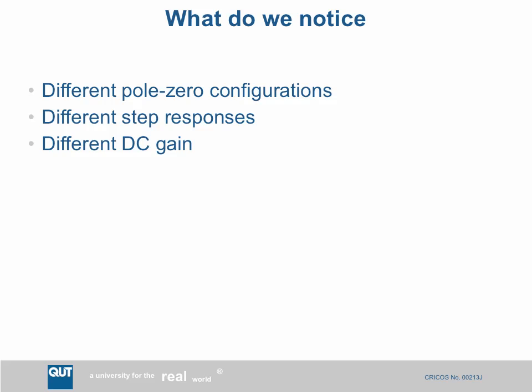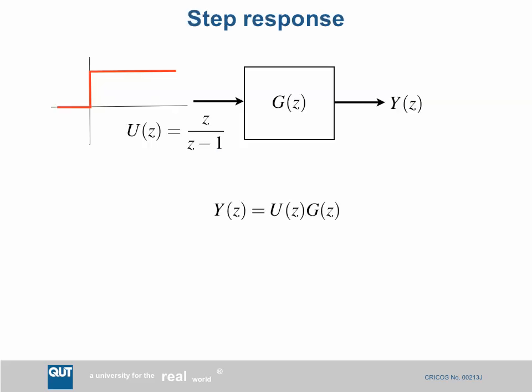We noticed before that we put in a unit step, what comes out is not a step. Or it looks like a step, but it's not a unit step. Right? The response is generally less than 1 in the steady state. So how do we figure that out? Well, it's actually quite straightforward.